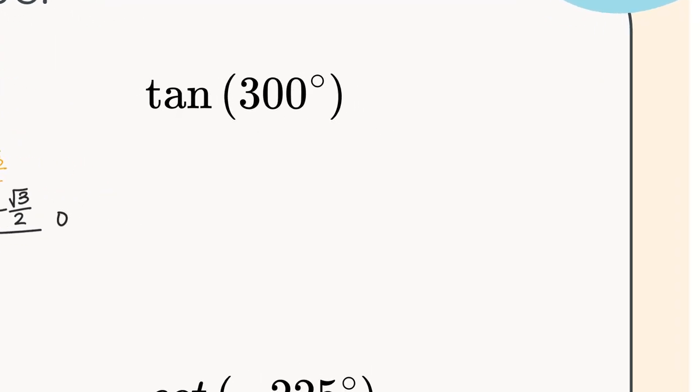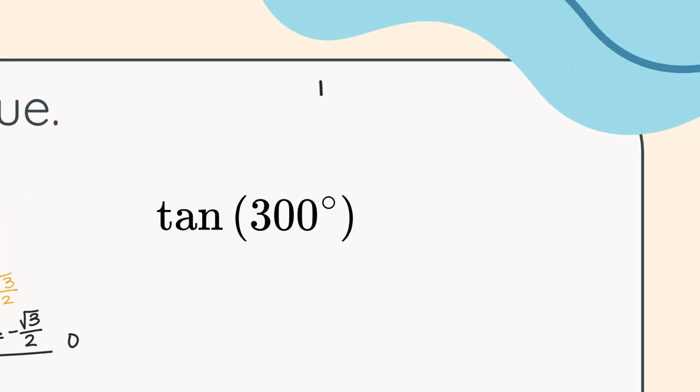So this one I have is tan 300, and where would 300 fall on my graph? I'm just going to write a rough sketch just so I can have space. I have 0, I have 90, I have 180, I have 270, and this is back to 360.